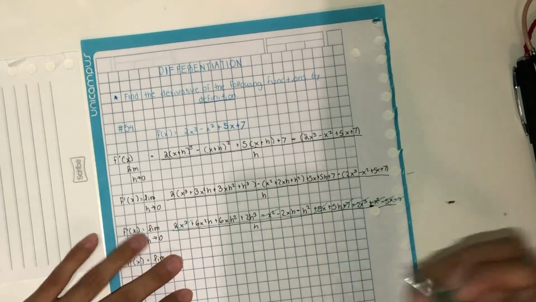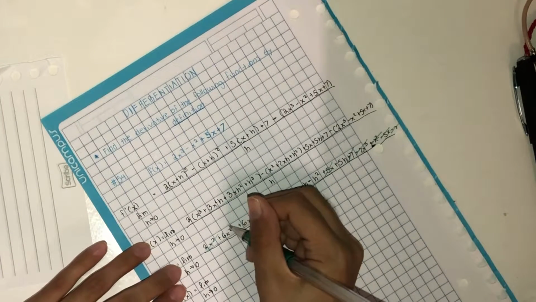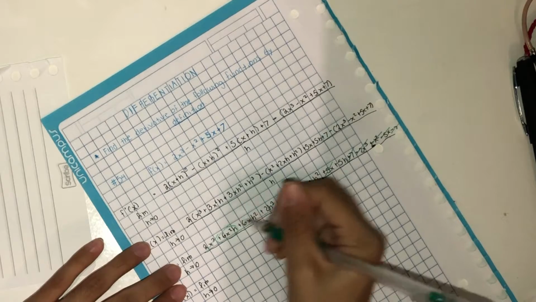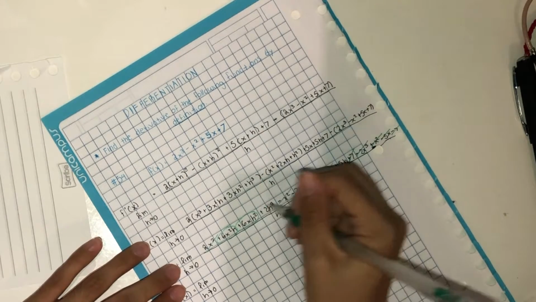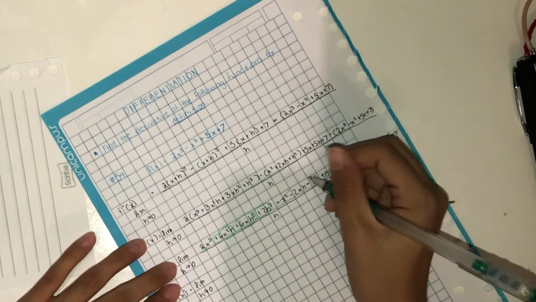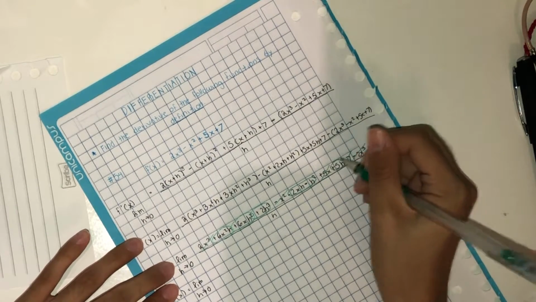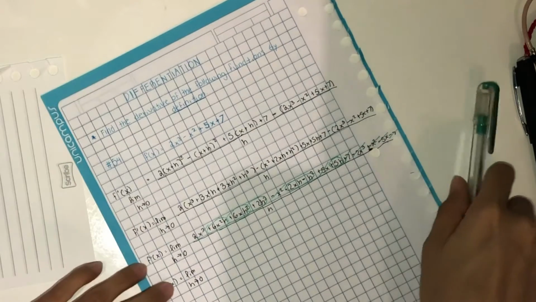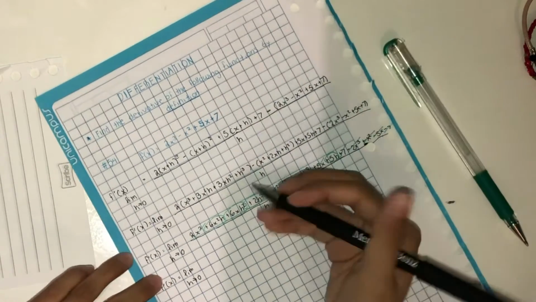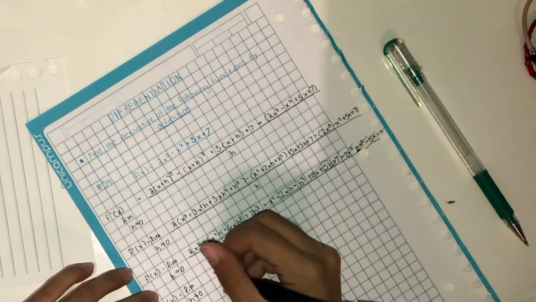And that's all. So now we have left these numbers and the h. So now we write the numbers that are left.